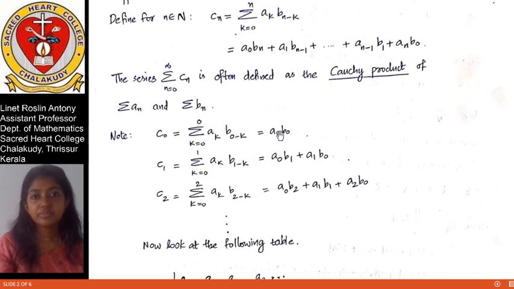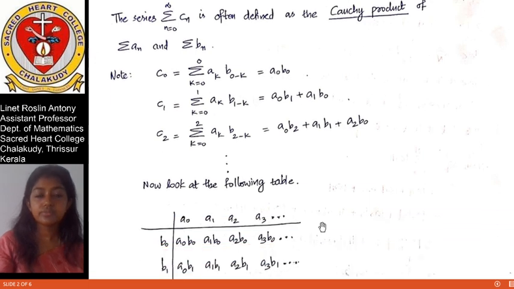So you can see from these instances that the sum of the indices should be equal to the index of C. Here the index is 1, and here also 0, 2, 1, 1, 2, 0, everything sums up to 2, and this goes on.